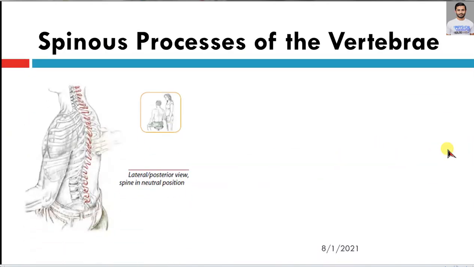The spinous processes become very prominent if a person is a bit flexed, and they become hard to palpate if the spine is extended, because there is a natural gapping in between the spinous processes when a person flexes.